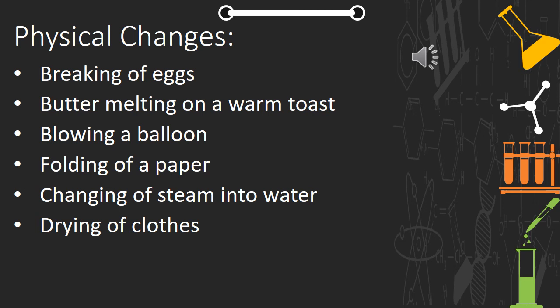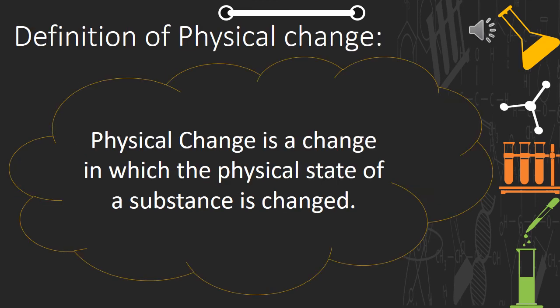Chemical composition remains the same before and after the change, and most physical changes are temporary and can be easily reversed. So, on the basis of all these examples, we can define physical change as a change in which the physical state of a substance is changed.